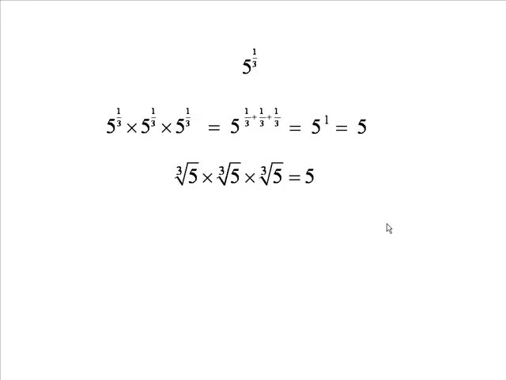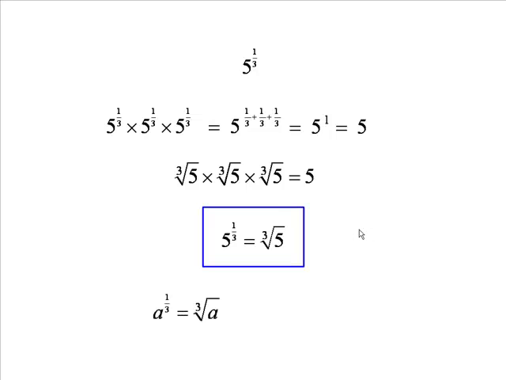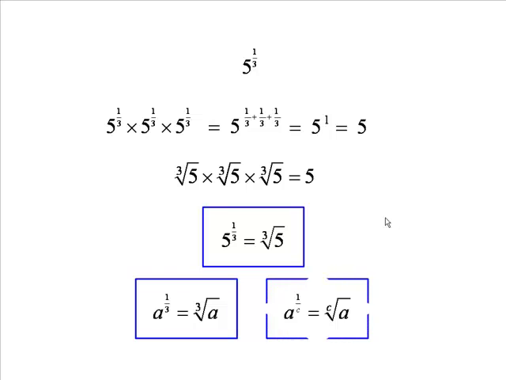And so 5 to the power of 1/3 is the equivalent of the cube root of 5, because when you multiply 3 of them together, you get 5. So there's the rule, and in general, any number to the power of 1/3 is the cube root of that number. And in an even more general case, a to the power of 1 over c is the cth root of a, whatever the value of c is.